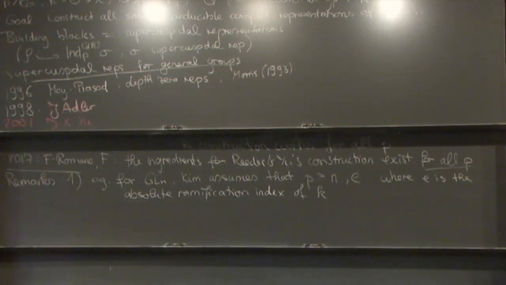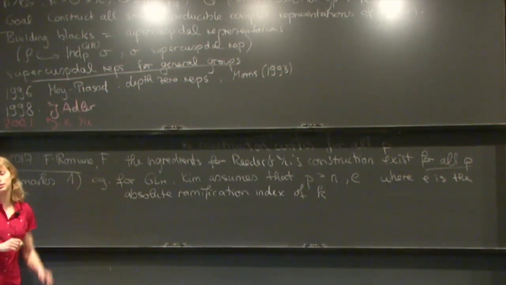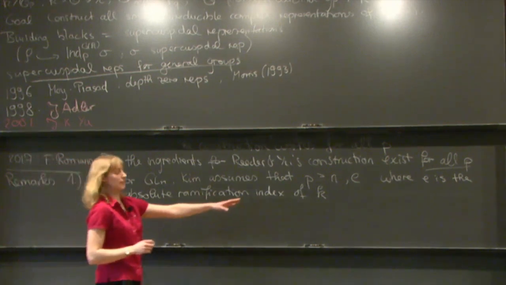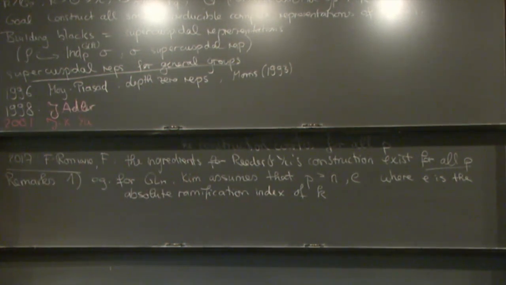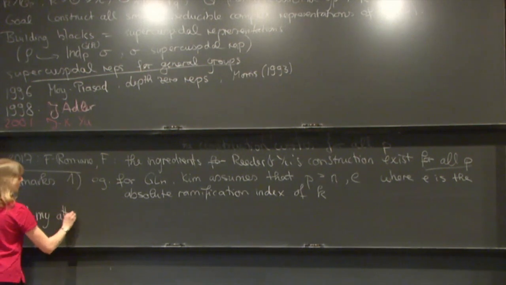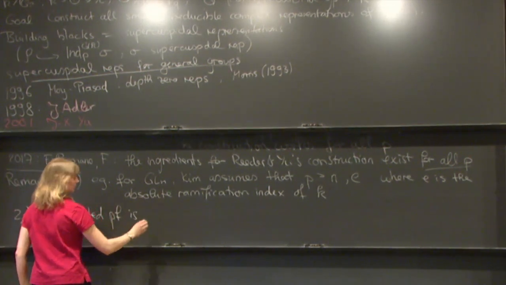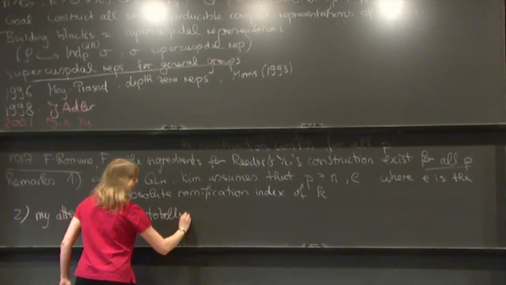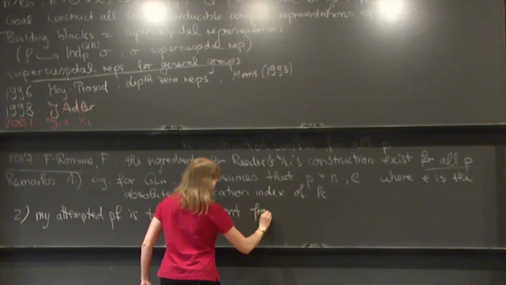For e, is the exponential map used? Yes, so what Julie Kim does, she uses the exponential map from the Lie algebra to the group, and that's precisely where this is coming from. All right, so maybe just as a remark, my attempt to prove this is totally different from Julie Kim's approach.